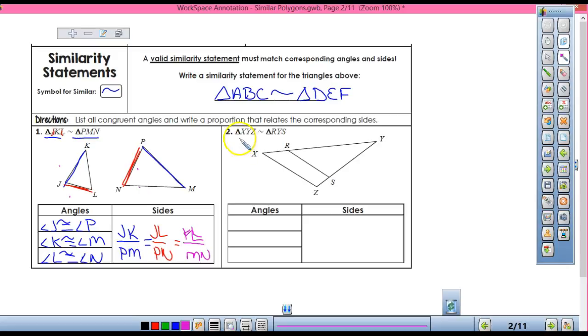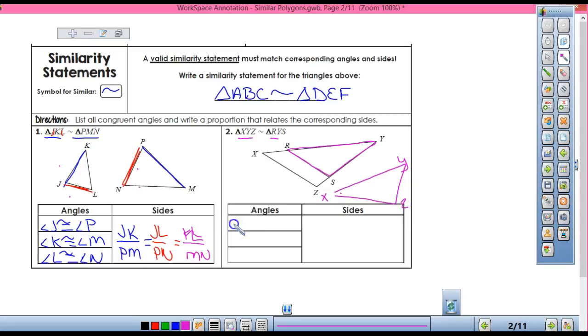Okay, so now we've got XYZ. So the big triangle is similar to the little triangle inside here. So if you wanted to redraw it, your other one is, if I know how to draw. XYZ is the big triangle.